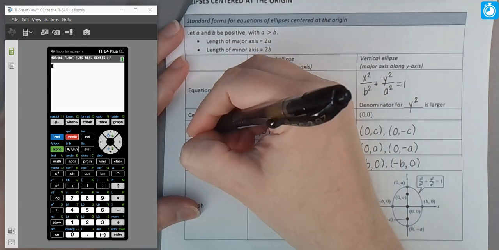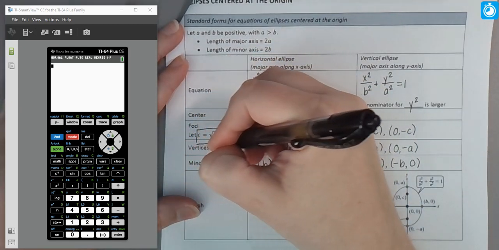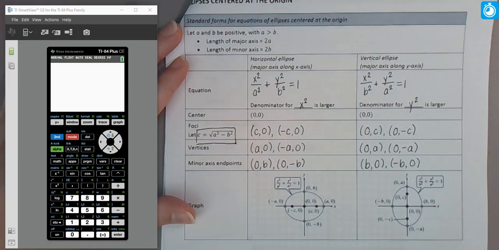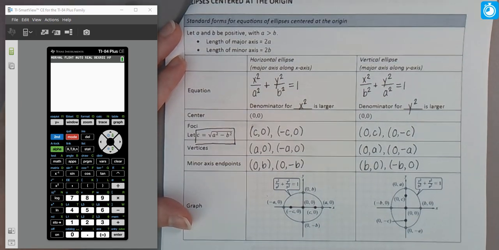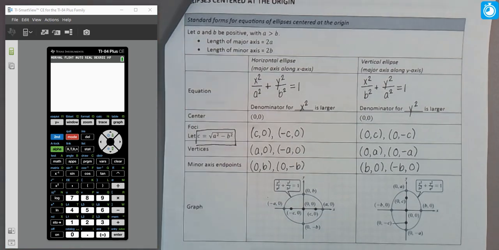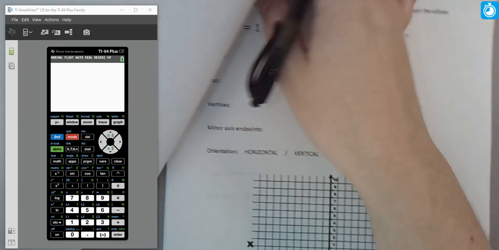The only other definition you're going to need is the definition for C, based on how A squared and B squared are defined. But past that, it's not a good idea to try to remember formulas for how the ordered pairs are defined. It's better to get a sense of what the graph is going to look like in terms of its shape and make a determination for where these points are going to be in relation to that original shape. So let's look at a couple of examples.